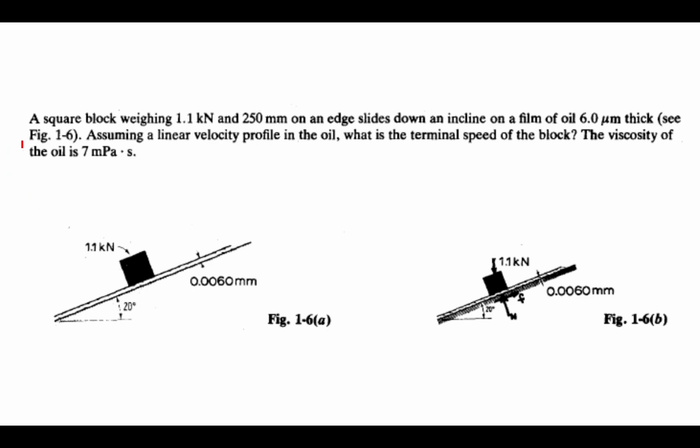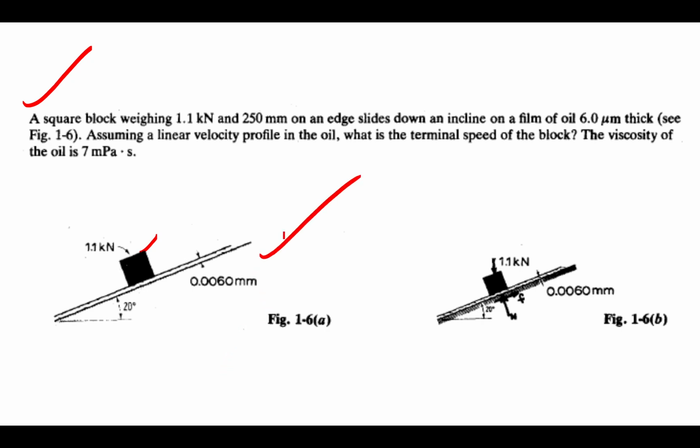This is a new type of question. A square block of weight 1.1 kilonewton, 250 mm on an edge, slides down an incline on a film of oil 6.0 micrometer thick.